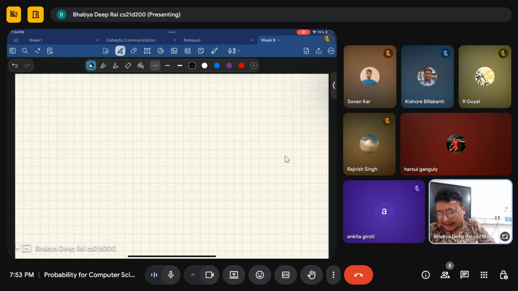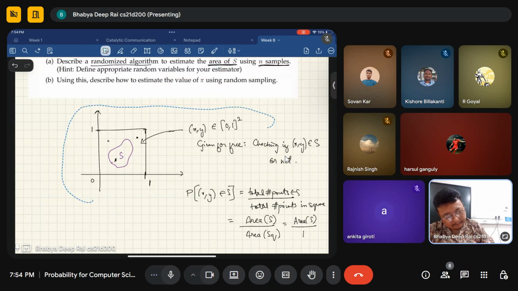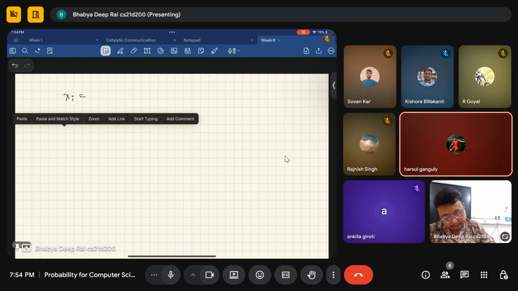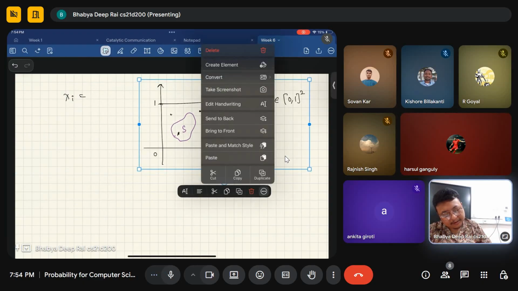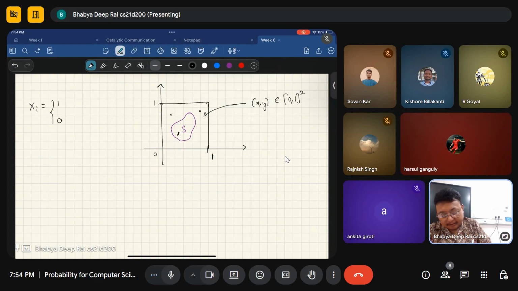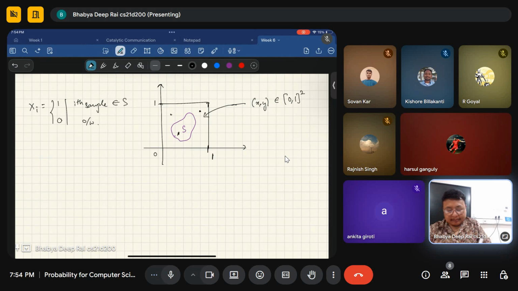Now the idea is that I'll define these random variables. Let me copy this diagram. So I'll set xi to be a random variable, 1 or 0: 1 if the ith sample belongs to S, and 0 otherwise.